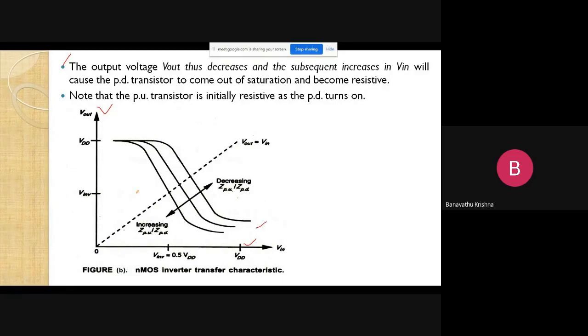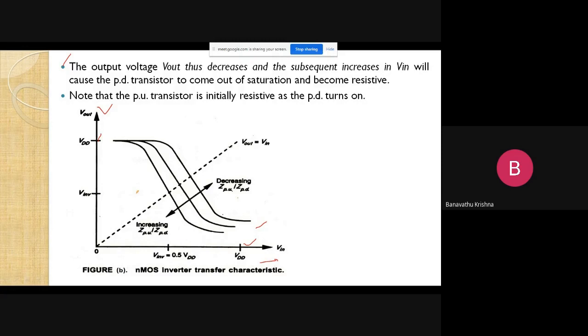If input is 0, output is high. So by increasing this V input, the output will slowly decrease, and the current will flow. The output response decreases, or the current flows, because of increasing the input voltage.